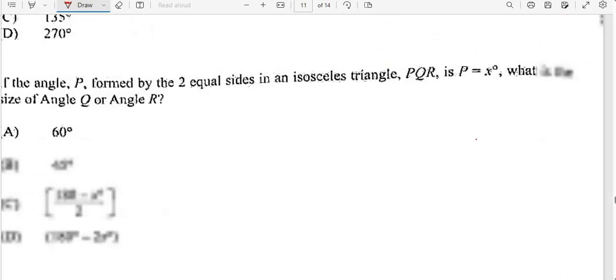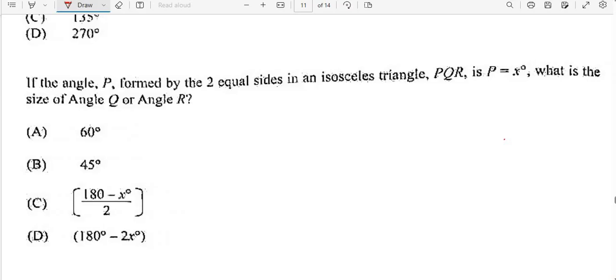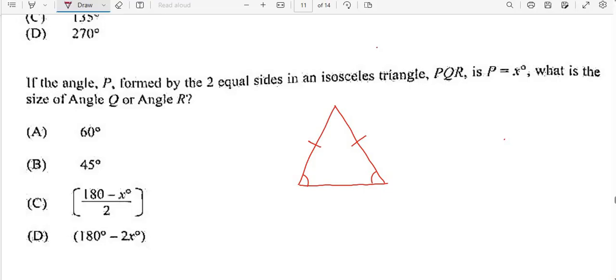Okay, so we have an angle P formed by two equal sides in an isosceles triangle. So, isosceles triangle, these two sides obviously are the same measurement, and these are base angles. Now, quickly, before I even do anything else, just want to quickly mention that this side is the same length as this side, it means that the angles that face them will also be the same measure.